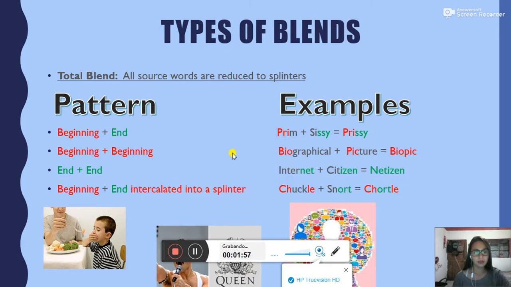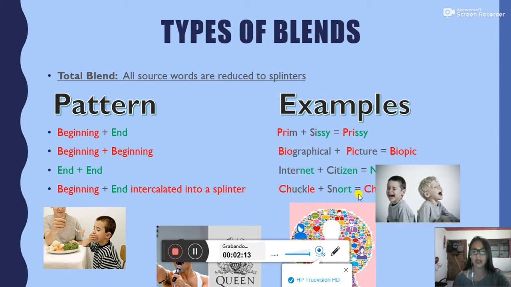And the last pattern is when I use the beginning part of the first word plus the end part of the second word, but I intercalate into a splinter. For example, chuckle plus snort results in a shortle.